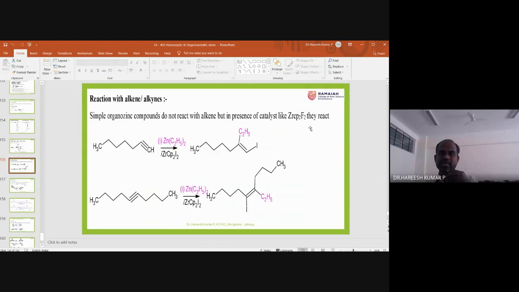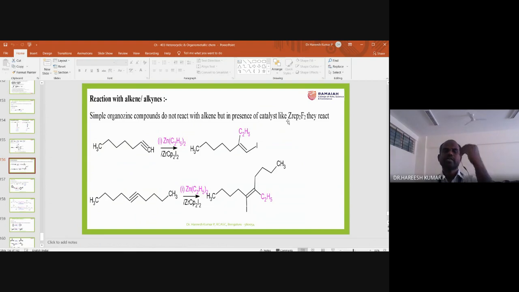So it is an organometallic complex. I think you are also aware of coordination complexes, transition metal complexes. Here zirconium is bonded with two cyclopentadienyl groups and two fluorine groups, so we can call it dicyclopentadienyl difluorozirconium.